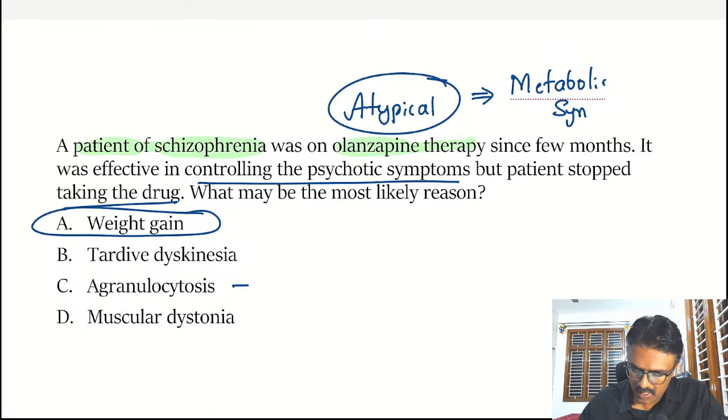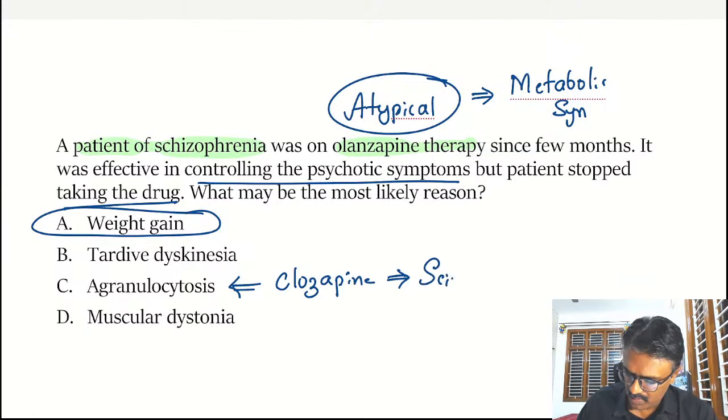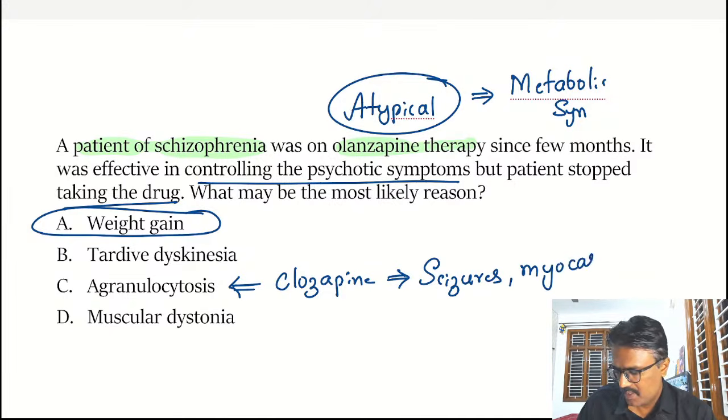Now, which drug can cause agranulocytosis among antipsychotics? The name is clozapine. When you give clozapine, you should watch out for WBC count. Clozapine can also cause seizures at high dose. It can also cause myocarditis, and also it can cause wet pillow syndrome.